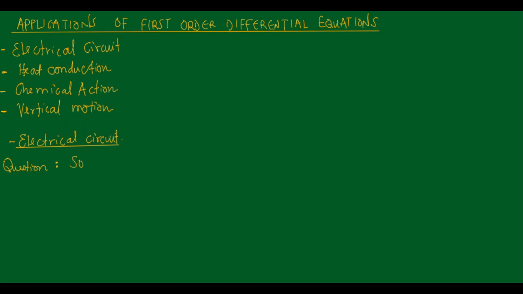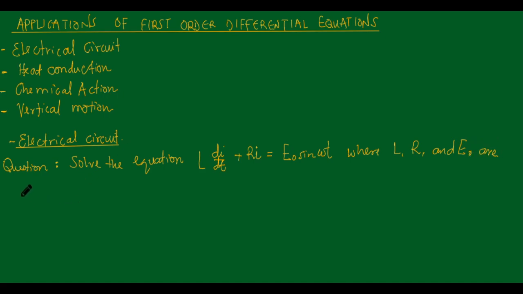We're required to solve the equation L di/dt plus Ri is equal to E naught sine omega t, where L, R, and E naught are constants.